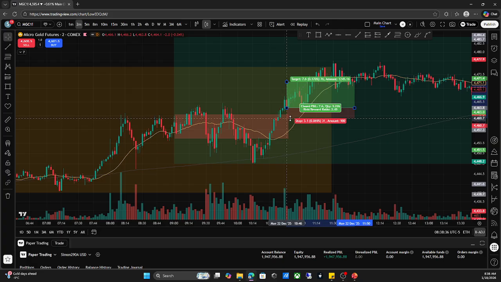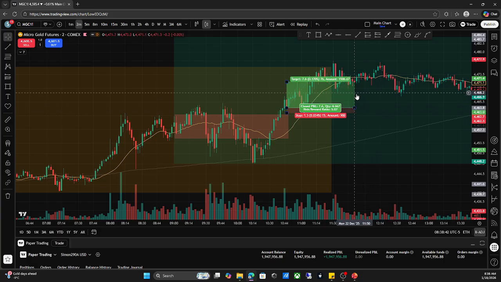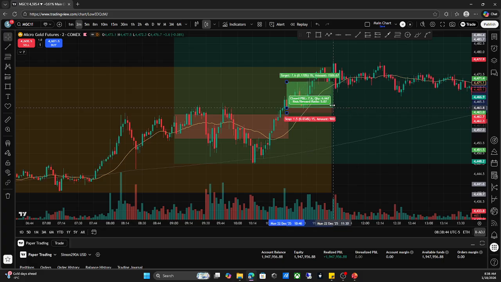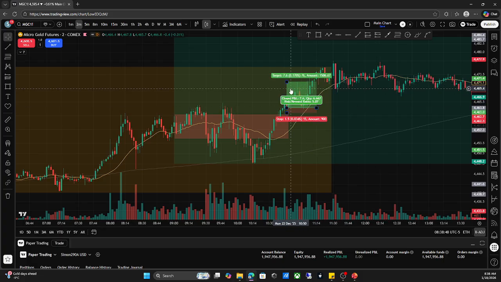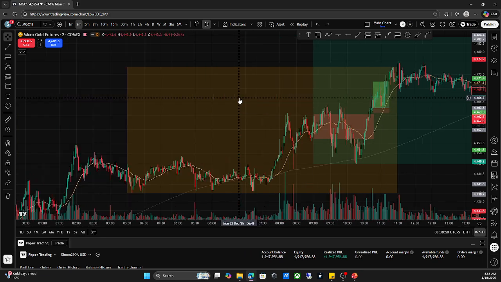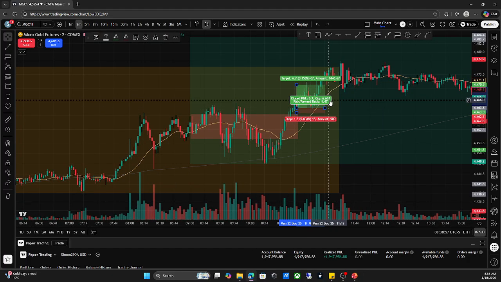We kept the stop loss here. Another candle was broken, and we go one. Imagine it's giving a really lot. 1 to 1, but yeah.